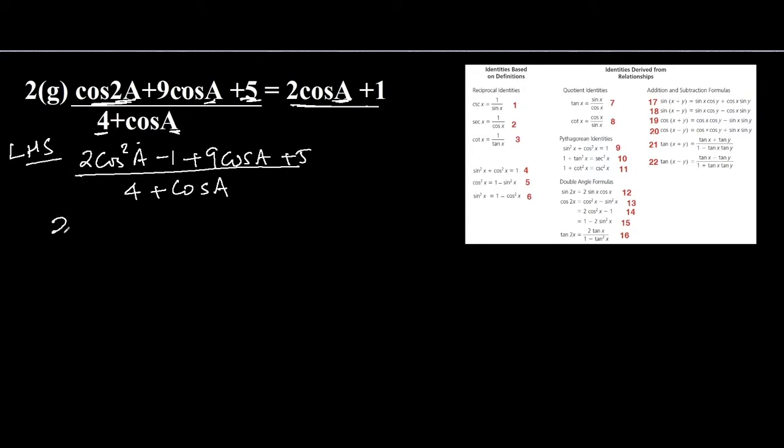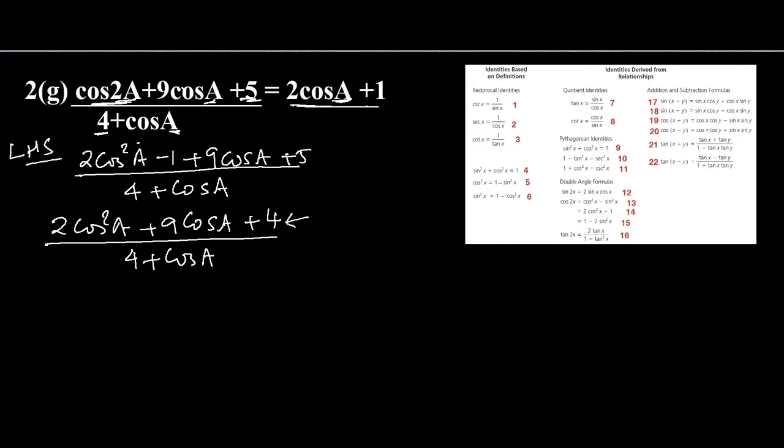First, let's write simply 2 cos square A plus 9 cos A plus 4 over 4 plus cos A. Now we'll have to factor this numerator, so that one of the factors should be 4 plus cos A. Let's assume that cos A is m. So 2m square plus 9m plus 4. So I need to factor this.